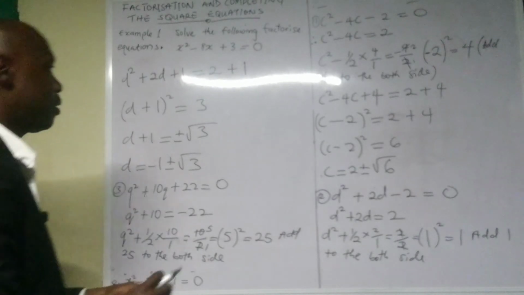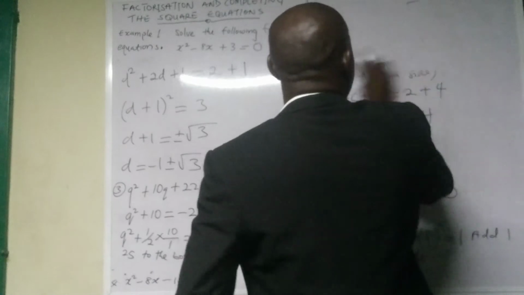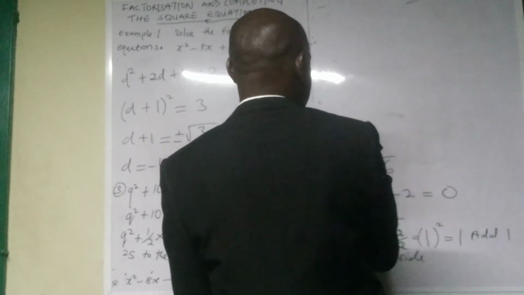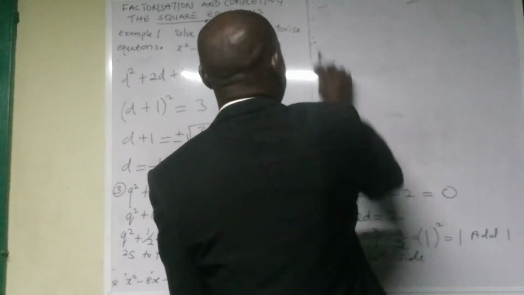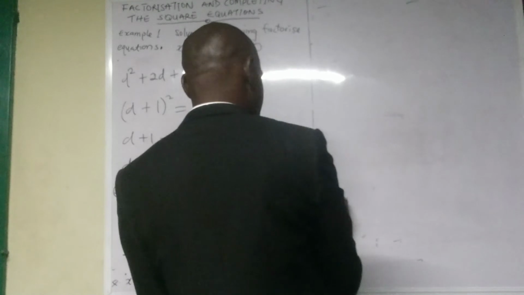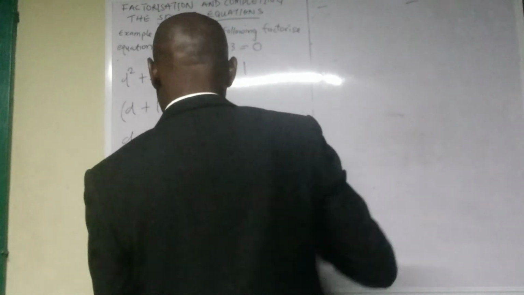So from here, let's move to this side. Add 25 to both sides.